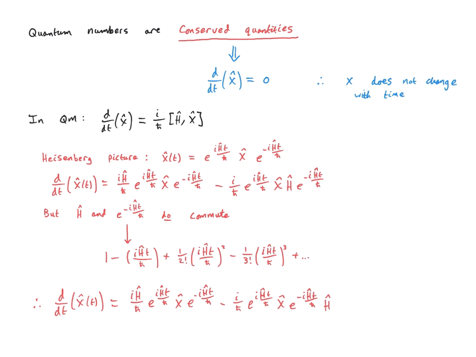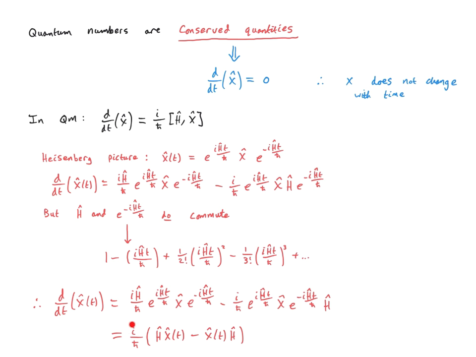That implies that I can commute the H through this exponential factor and obtain this as the second term. Now I can identify this cluster of terms, e to the iHt x e to the minus iHt, in both of these two terms as simply the time evolved x of t from our original definition.